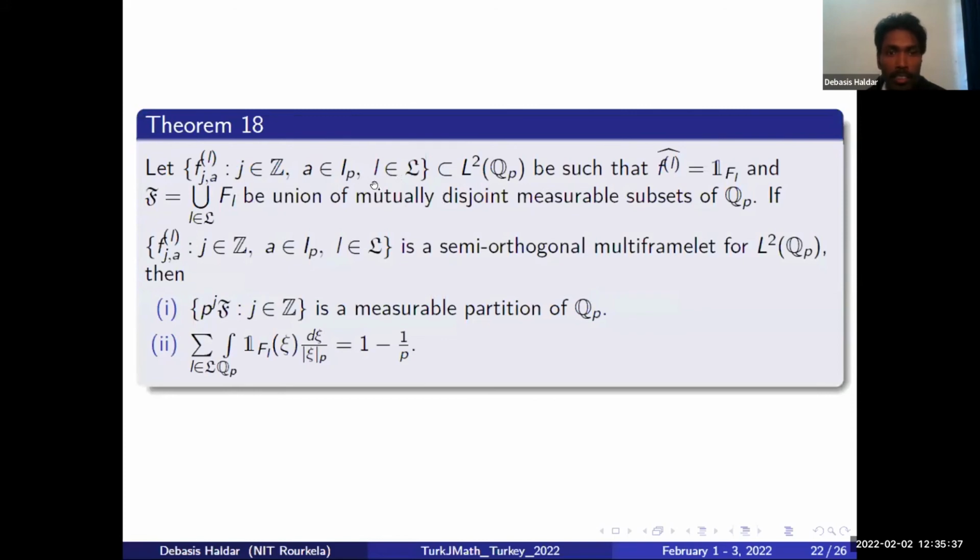If this is a system such that the union is a disjoint measurable set, and if this affine system is a semi-orthogonal multiframelet, then this forms a measurable partition, and then it will satisfy this relation.